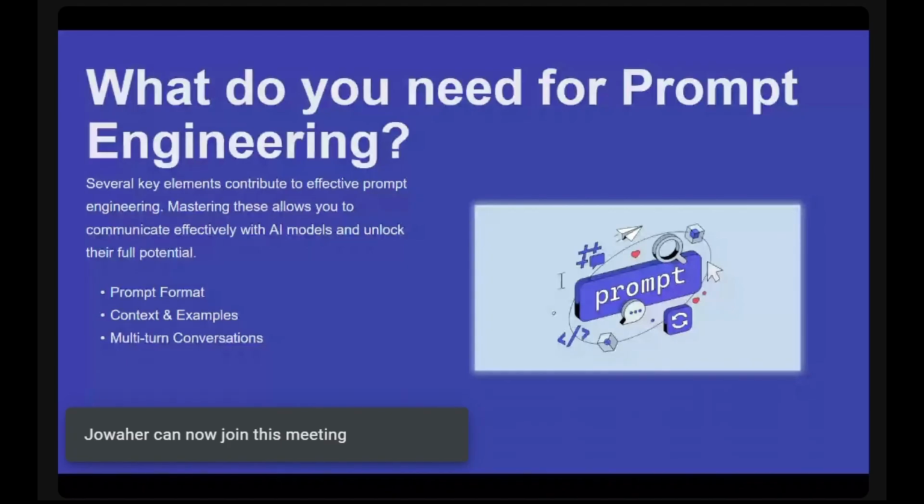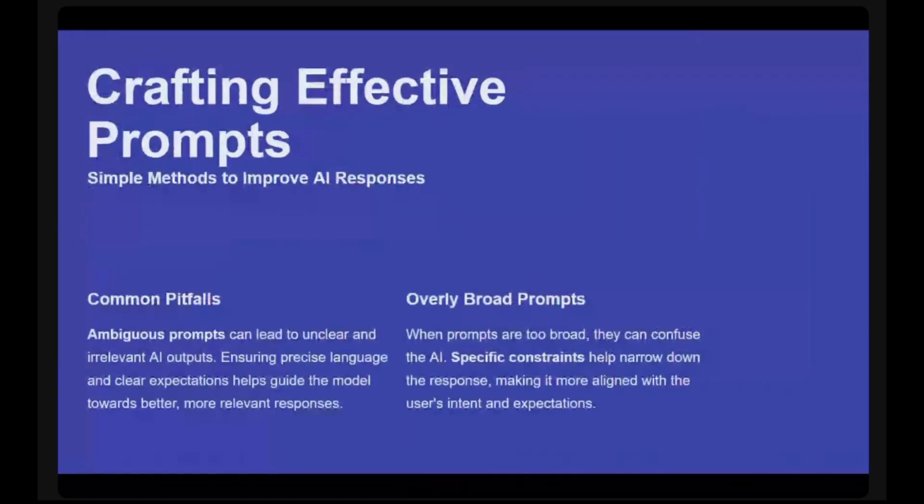Prompt engineering is kind of like language between you and the AI model. So these three things, if you master these, and you can master them by practicing. Keep repeating prompts, keep seeing results, and keep improving your prompts, and you will master these three things.